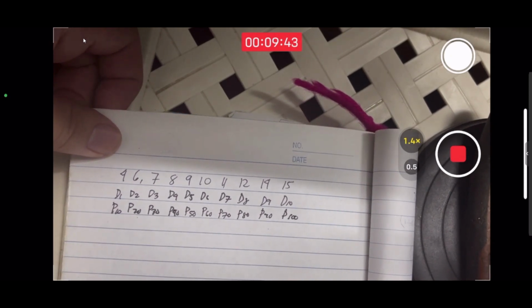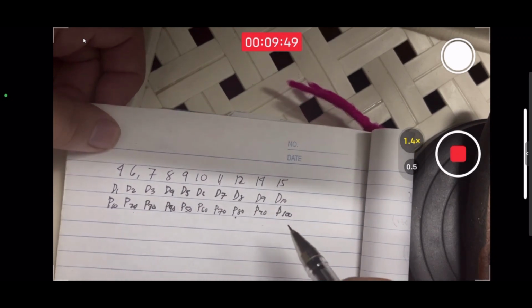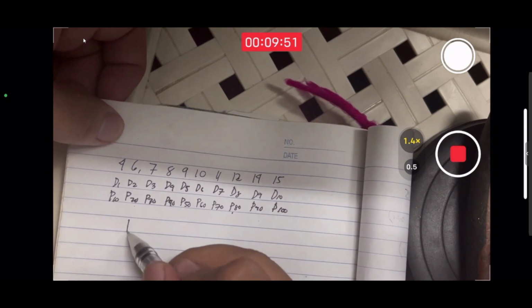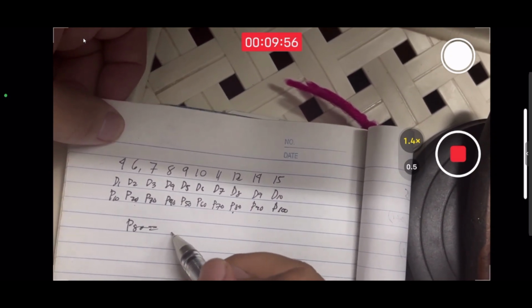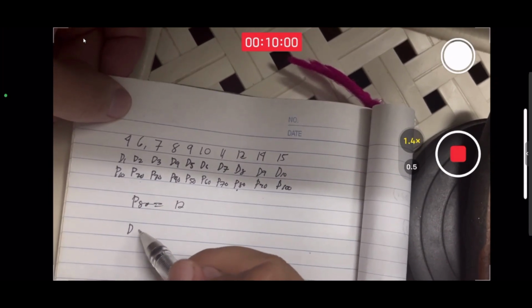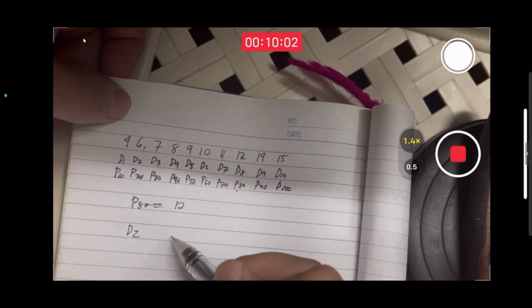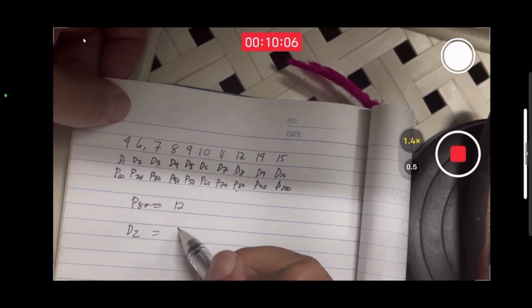So, if you are asked what is percentile 80, your answer must be 12. Percentile 80 is equal to 12. How about decile 2? What's decile 2? 6.